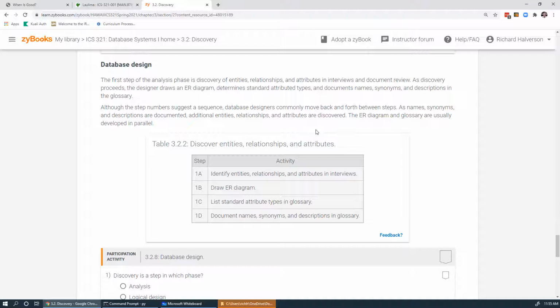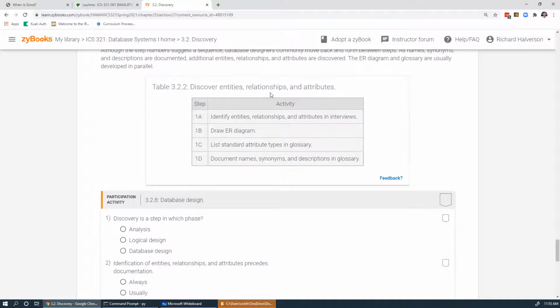So the designer is keeping track of this glossary, creating it as they go along. Identify entity relationships and diagrams. So first you do that, which we described. Draw the ER diagram. List the document.